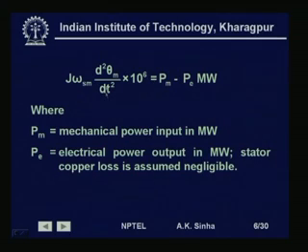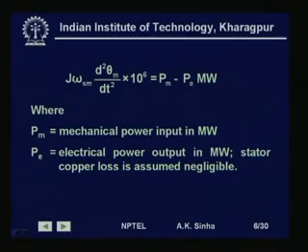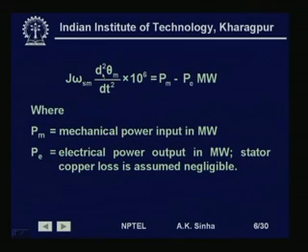Now, instead of working with torque, we normally work with power. So, what we do is we multiply this relationship with the mechanical speed in radians per second, then we get J omega sm, where this is the mechanical speed of the rotor, s denoting synchronous speed, since the rotor will be rotating very near to the synchronous speed at the time when we are talking of this acceleration taking place.